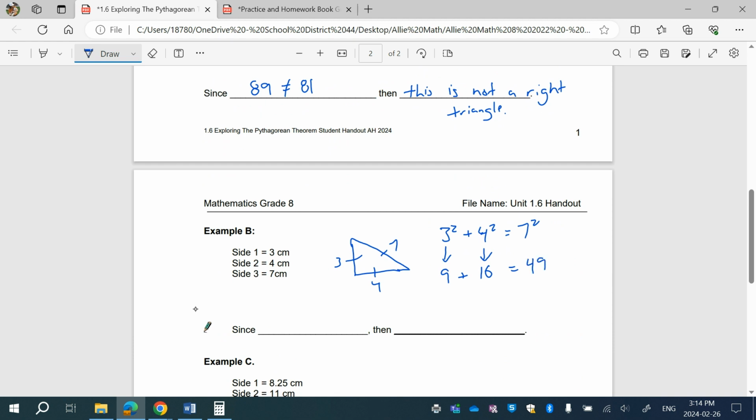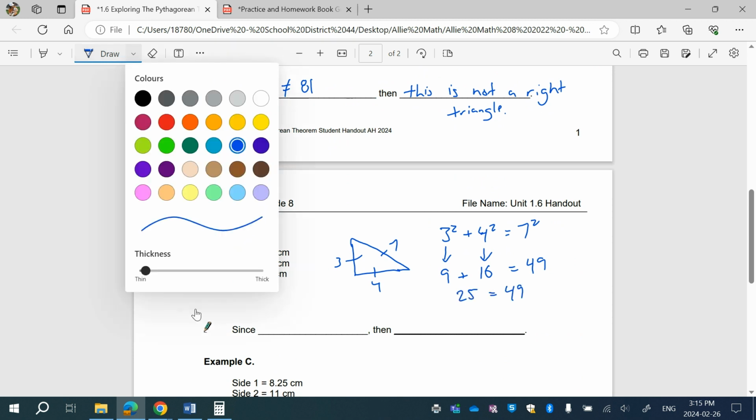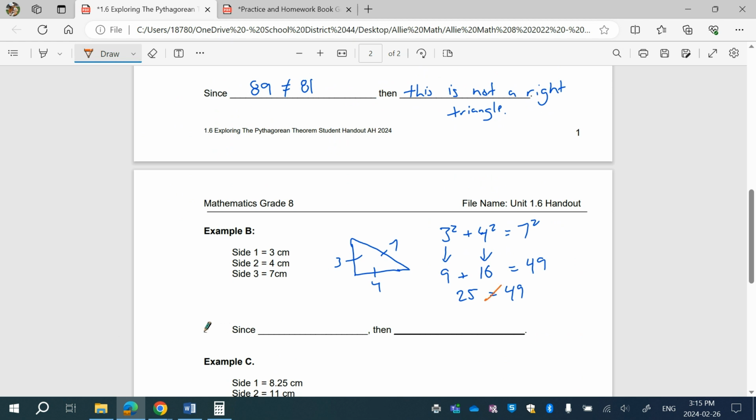No, 9 plus 16 is 25, and that does not equal 49. So no, since 25 does not equal 49, this is not a right triangle.